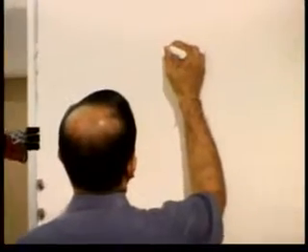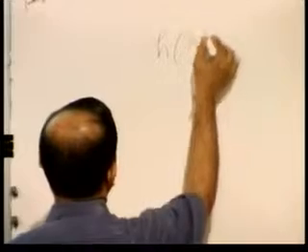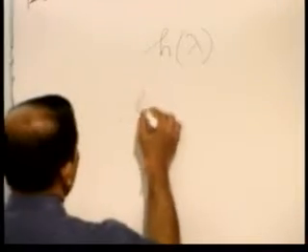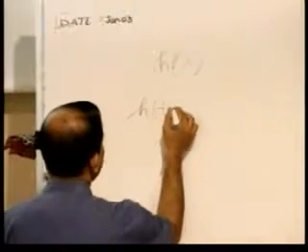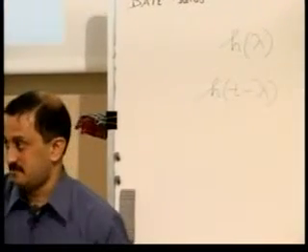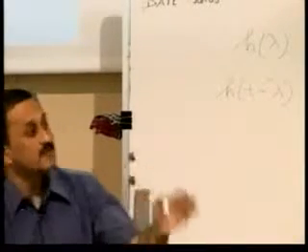We said that for a function h of lambda, so you see here I am just using lambda to denote the independent variable in the signal, the function h of t minus lambda could be obtained for a fixed t. Remember here we are evaluating this for every possible value of t. So when you consider h of t minus lambda, it is for a given value of t.